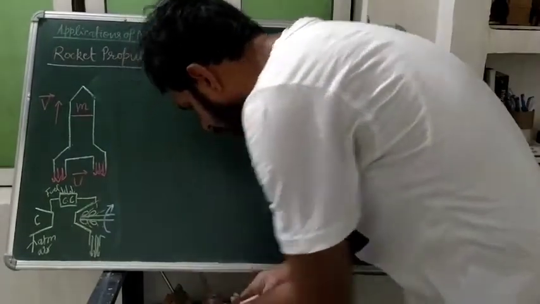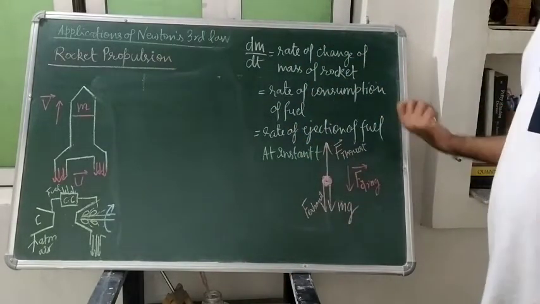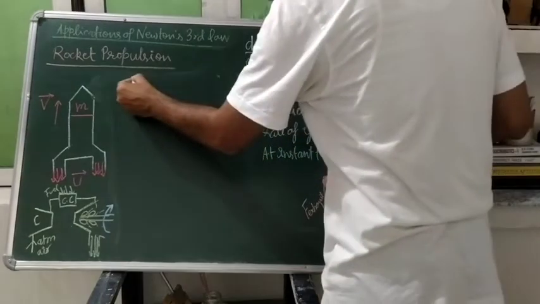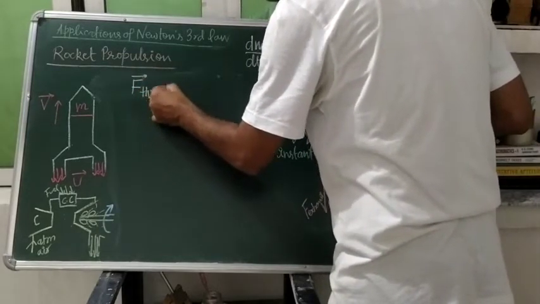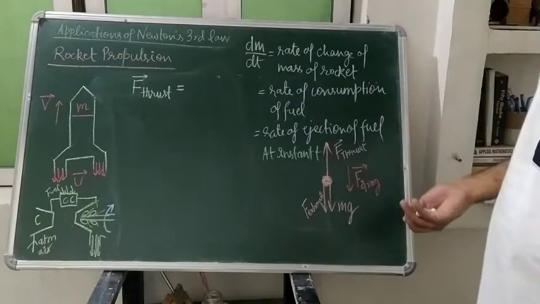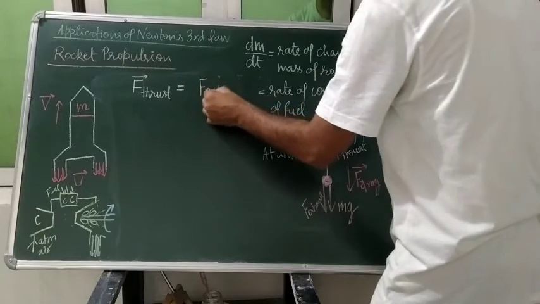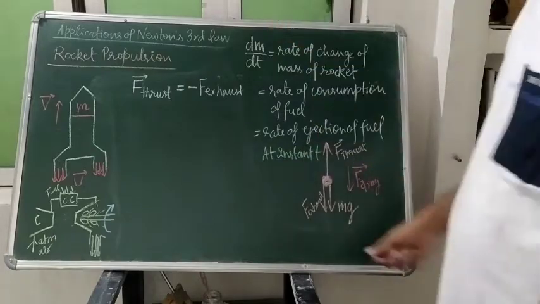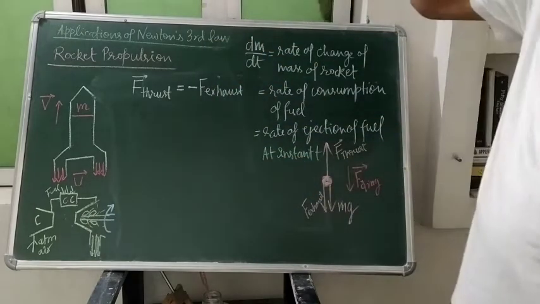So students, by Newton's third law you will be aware that for every action there is an equal and opposite reaction, and of course this F thrust will be equal to F exhaust with a negative sign, which means that whatever the direction in which exhaust takes place, F thrust will act in the upward direction.